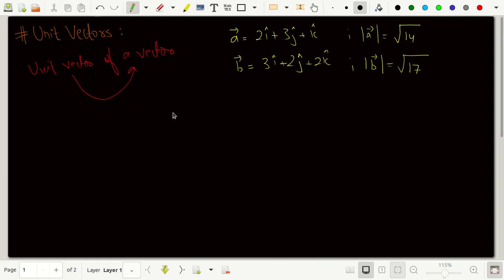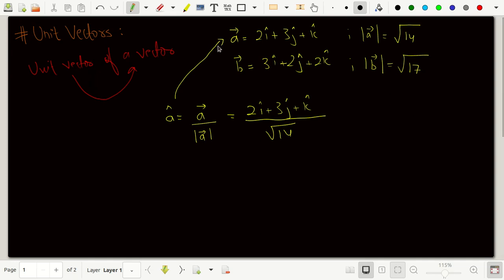What I am interested in is calculating the unit vector a cap. So a cap would be the vector upon the magnitude of the vector. I need to calculate the unit vector, so I'll write 2i plus 3j plus k over the square root of 14.